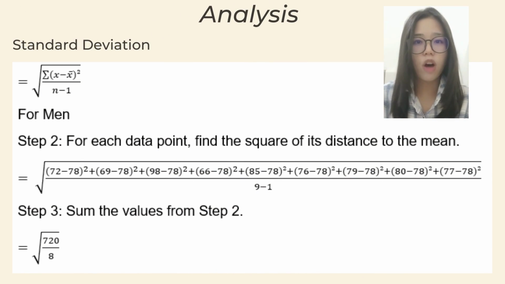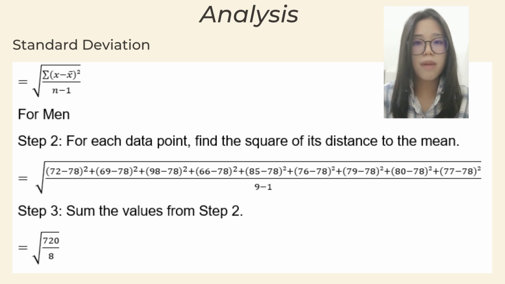Next is the analysis of the standard deviation. The standard deviation formula is the square root of the summation of (x minus mean) to the power of 2, divided by n minus 1. For men, step 2 is for each data point, find the square of its distance to the mean, divided by 9 minus 1.